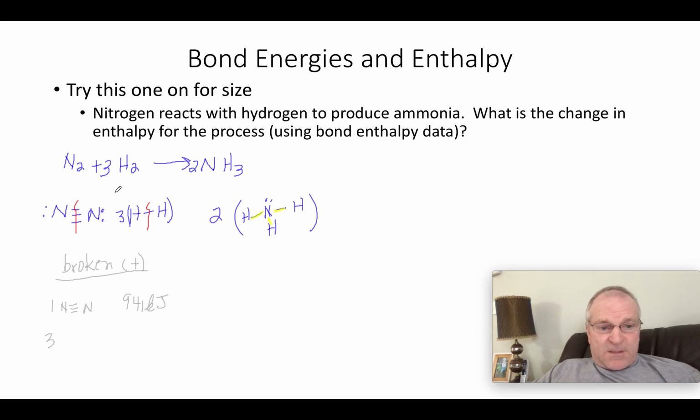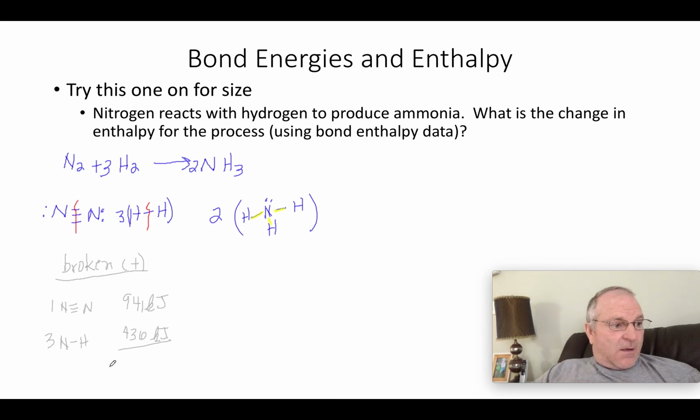And 3, since there are 3 moles in this reaction, we're groovy. Since there's only one bond right there, and 3 times that, there would be 3 times a hydrogen-hydrogen single bond, which is 436 kilojoules per mole each.